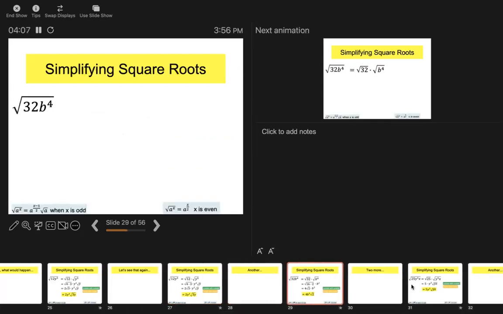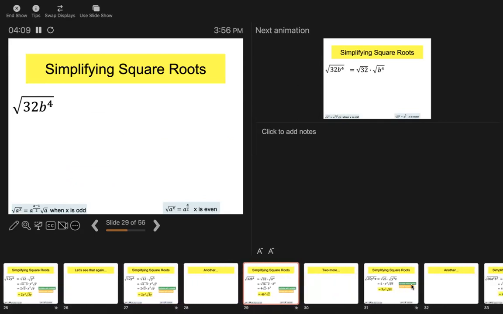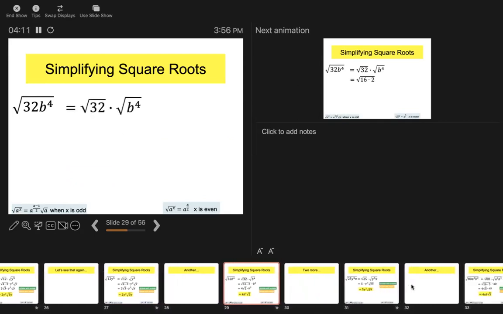All right, so once again, separate this into two problems. Treat them separately. The largest perfect square that goes into 32 is 16. 16 times 2 is 32. B to the fourth, hey, it's even. Follow the even rule. We just take half. That would be b squared.